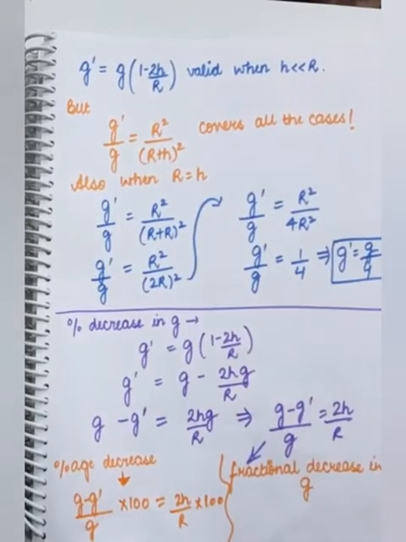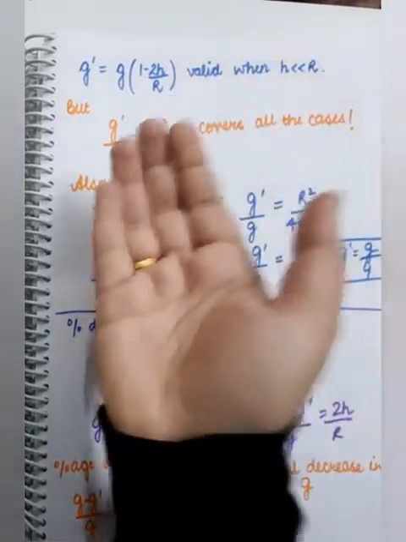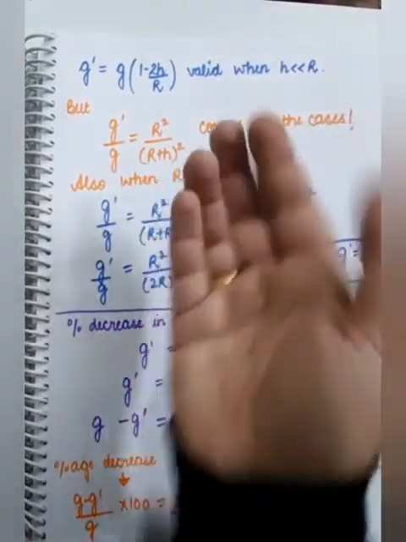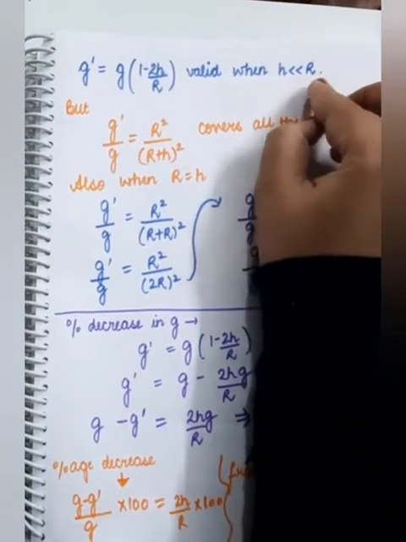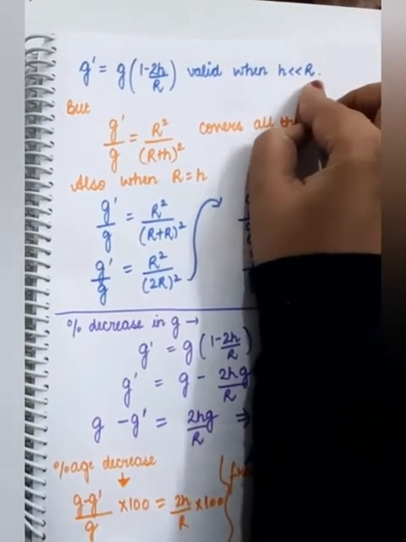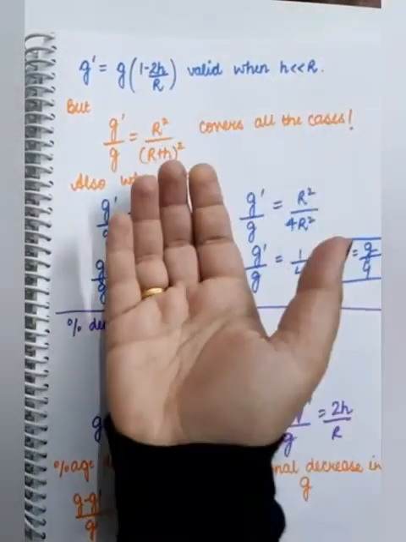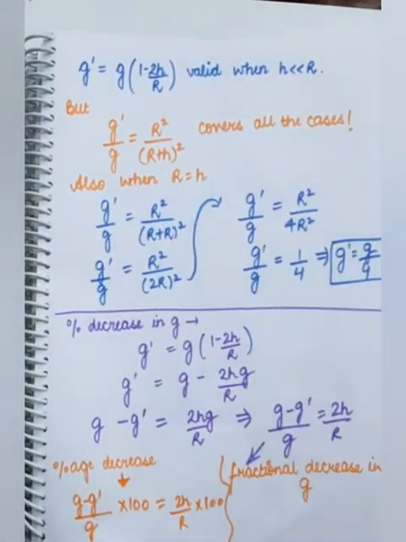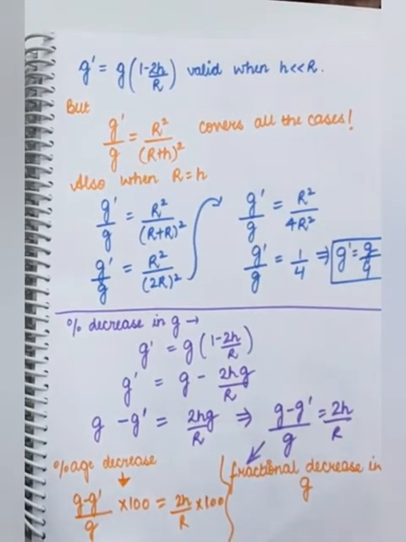But this relation is valid only when the height above the surface of the earth is very much less than the radius of the earth. Like if I have raised the object up to a height which is not that much that it even approaches the radius of earth, which is quite a larger value, like 6400 kilometers.